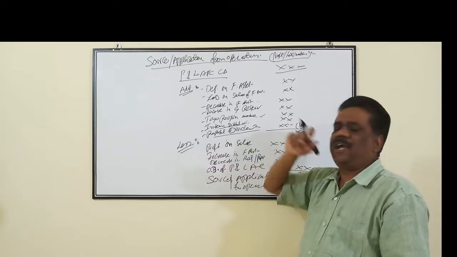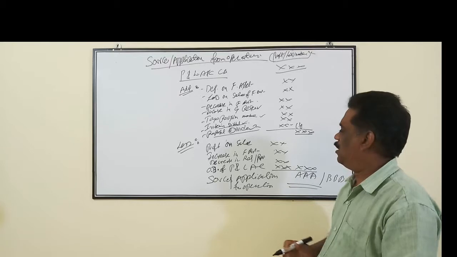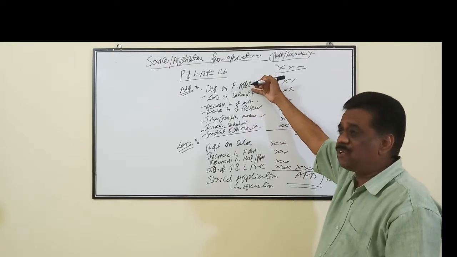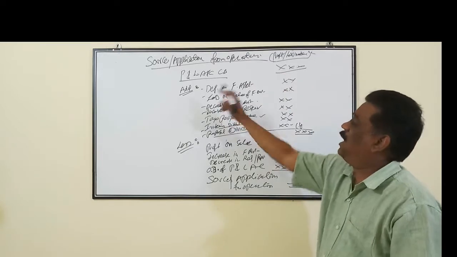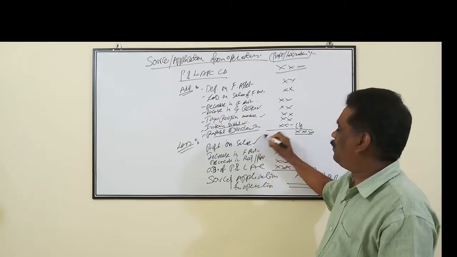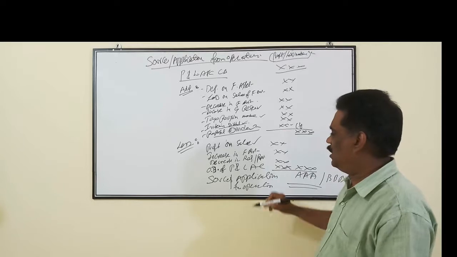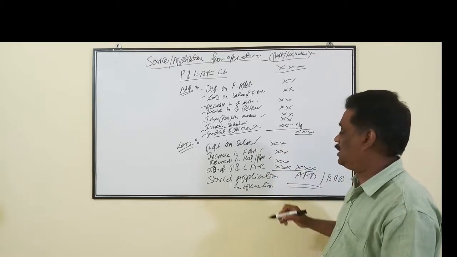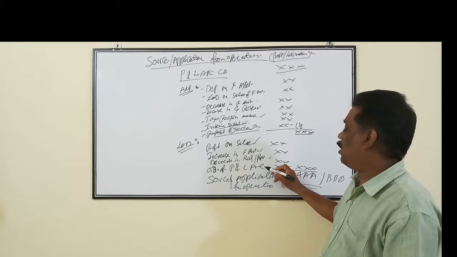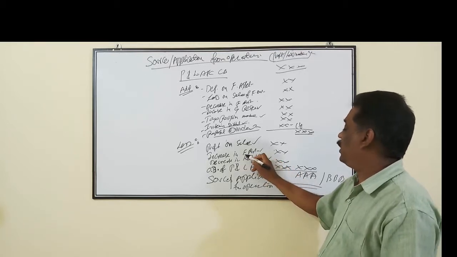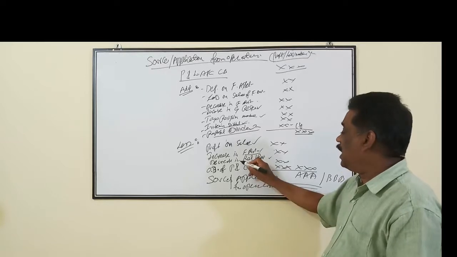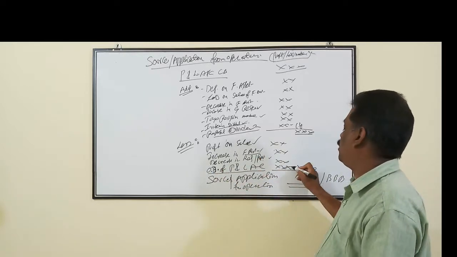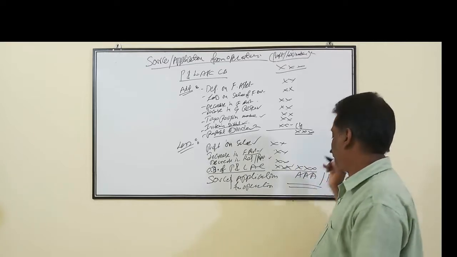Then, after adding the items to the closing balance, the current year balance of the profit and loss account, we have to deduct certain items from it. Those are the opposite items or changes of the items mentioned under addition. That is, profit on sale of a fixed asset, increase in fixtures and intangible assets, decrease in reserves and provisions, along with the opening balance of the profit and loss account.